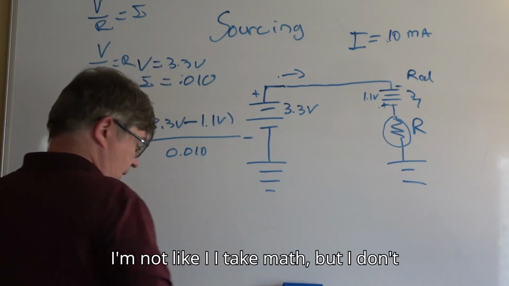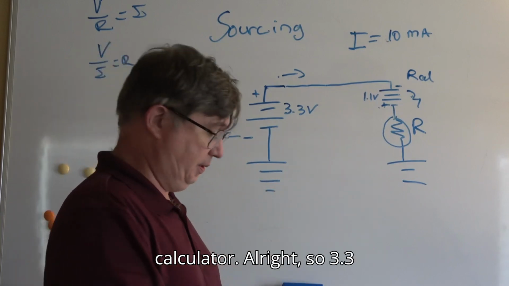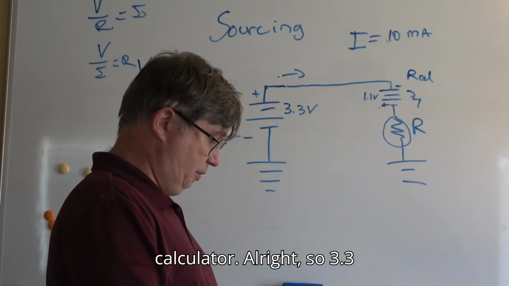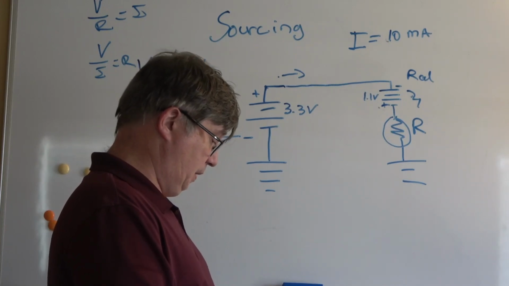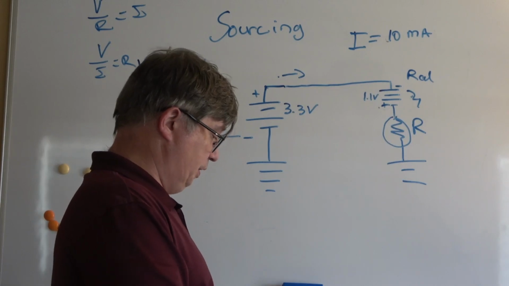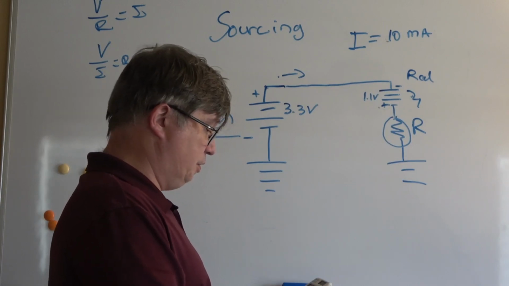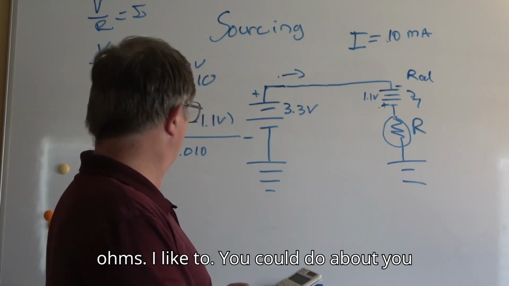All right, since I take math but don't dream about math, I have to use a calculator. So 3.3 minus 1.1, okay. Okay, so the answer is about 220 ohms.